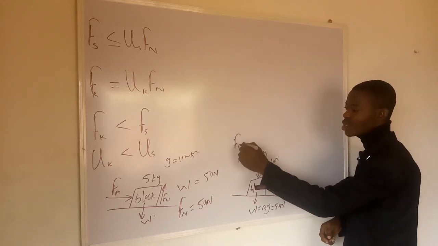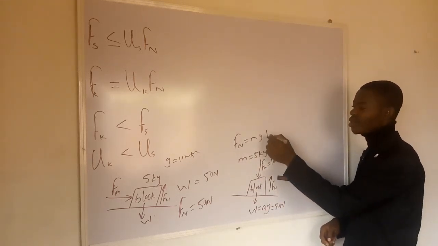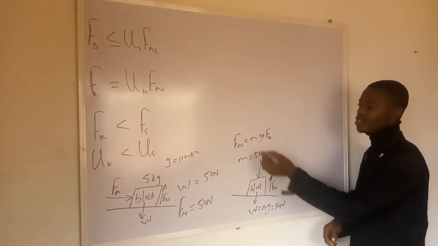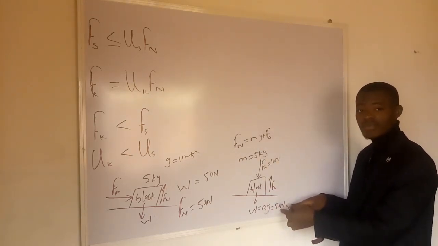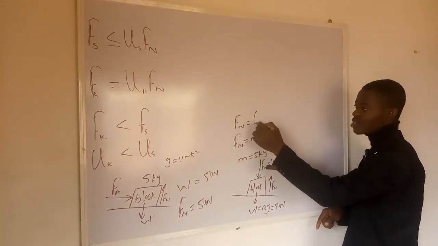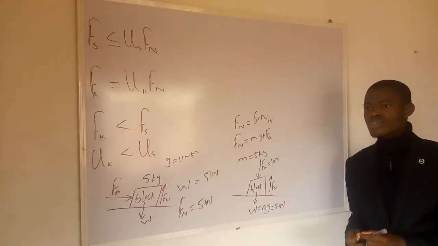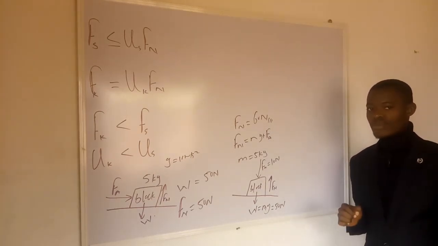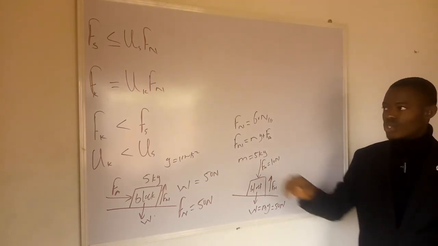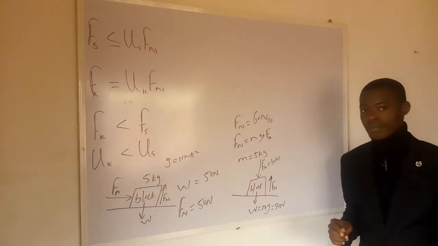The normal force will equal the weight force mg plus the applied force F sub A. The weight force is 50, the applied force is 10, so the normal force F sub n will be equal to 60 Newton. This makes sense. So you must know how to identify your applied force in order to succeed in determining whatever terms are associated with the frictional part.